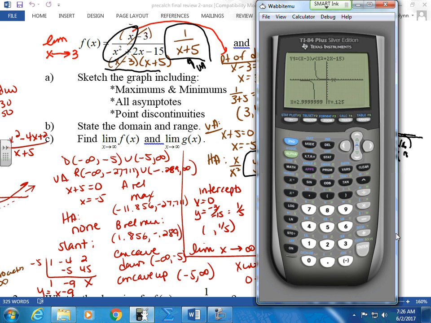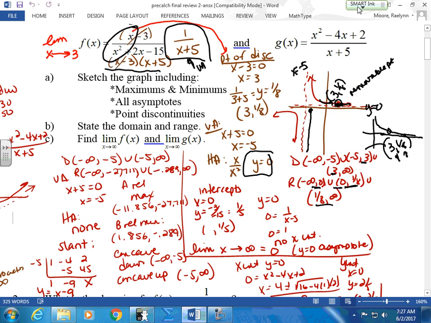I can tell by my graph, and because I can plug it into what's left of my function once I reduce it. I came from the other end. See how close I got? This is 1/8, 0.125. So this is called a removable point. We talked about this back in September, October. I said we'd revisit them again, and we do. You will work on these next year as well.